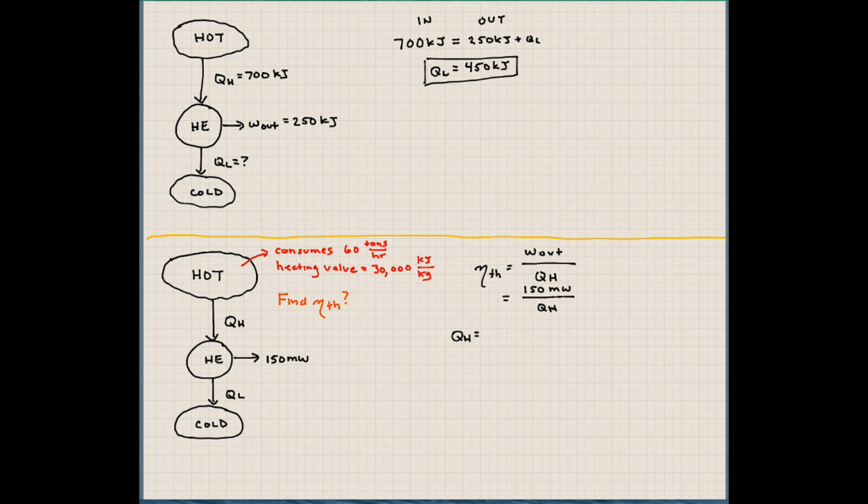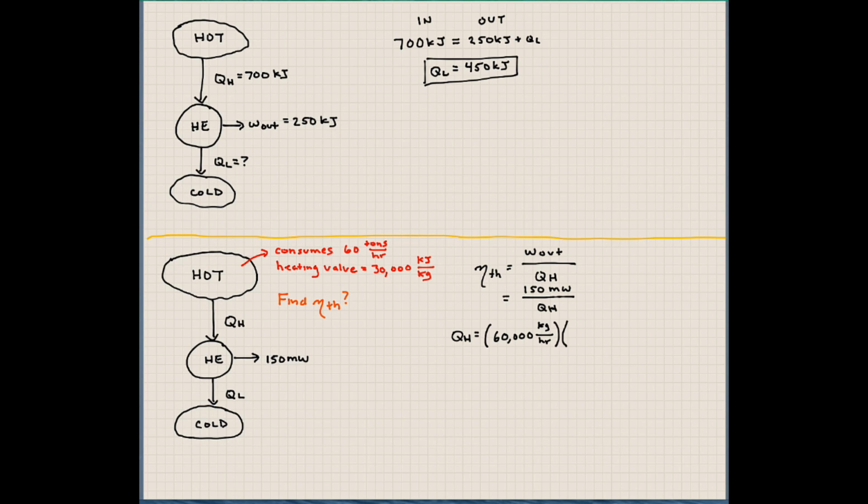So we're consuming 60 tons, okay? And I'm going to say this is metric tons, okay? Make our life a lot easier. So 60 metric tons, that means 60,000 kilograms. So let's go ahead and write that. 60,000 kilograms per hour. Okay.